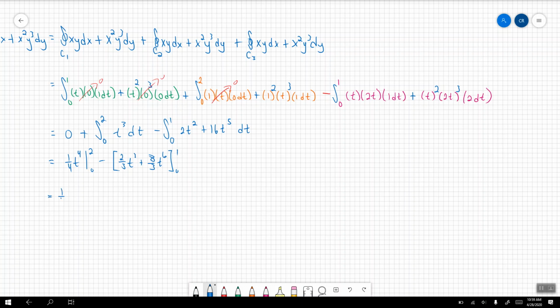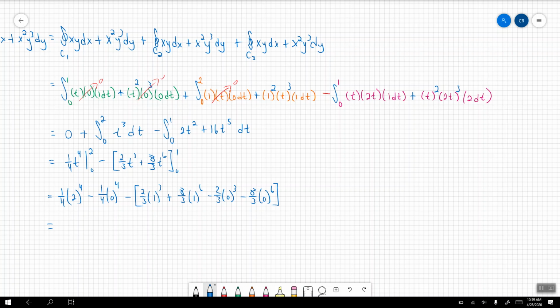Let's keep going. This is going to be 1/4 multiplied by 2 to the power of 4 minus 1/4 times 0 to the 4th, minus 2/3 times 1 cubed plus 8/3 times 1 to the 6 minus 2/3 times 0 cubed minus 8/3 times 0 to the 6.